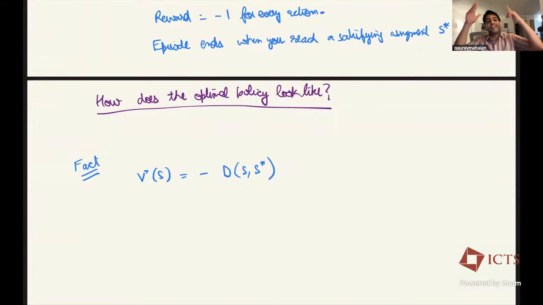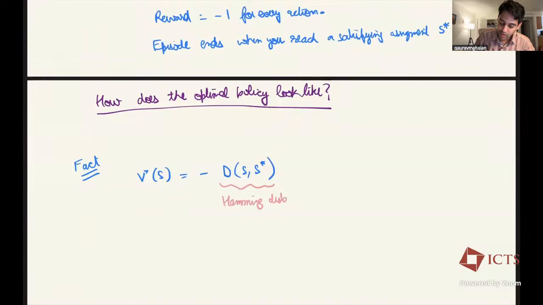If you're at an unsatisfied clause, there's something that you can fix in that one. So it basically takes the Hamming distance between S and S star to end the game. So you only pay minus the Hamming distance. And Hamming distance is linear in S and S star. So perfect.